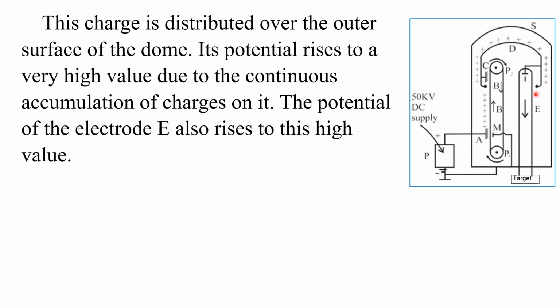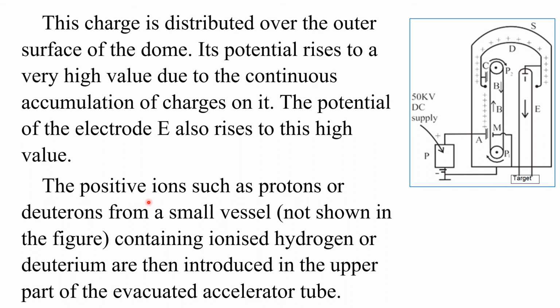The potential of electrode E also rises to a high value. If the charge is continuously applied to the metallic conductor D, its potential goes on increasing. Positive ions such as protons or deuterium, from a small vessel which is not shown in the figure, containing ionized hydrogen or deuterium, are introduced in the upper part of the accelerating tube.